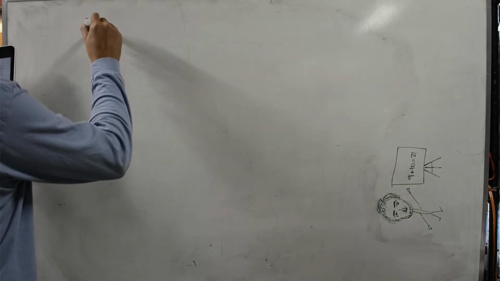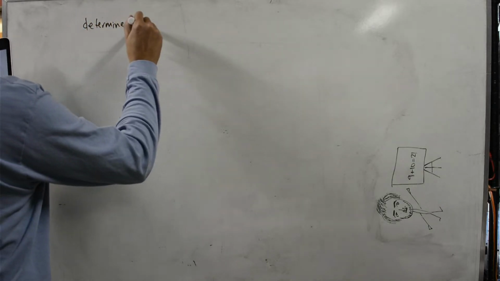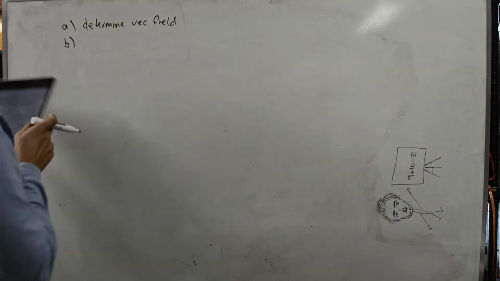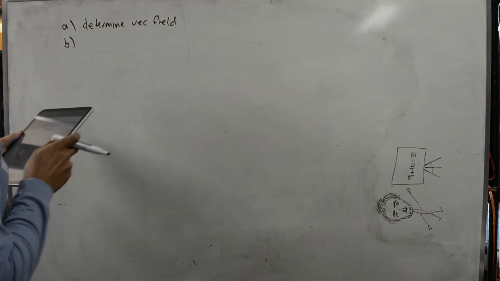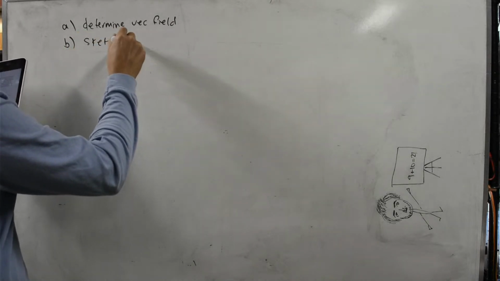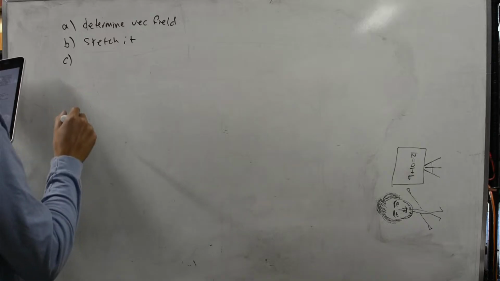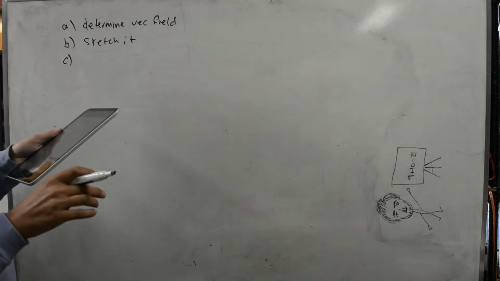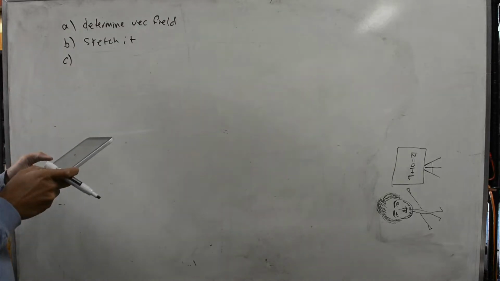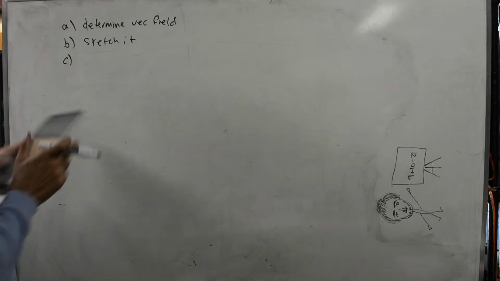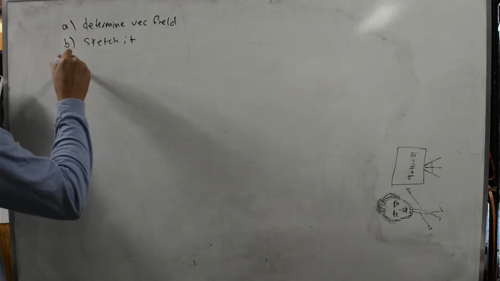Determine the vector field. Make a rough sketch of the phase portrait. What exactly is the phase portrait? Oh, the phase portrait. Okay. So we're going to skip C and do the phase portrait.